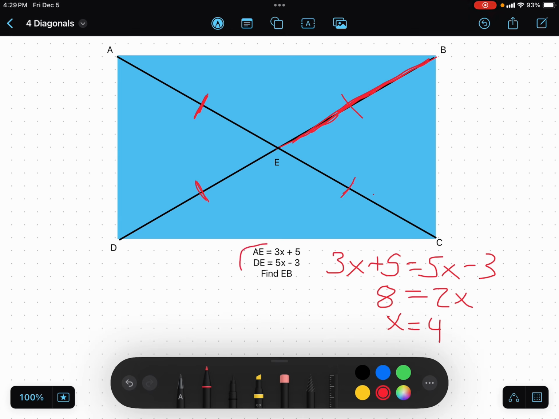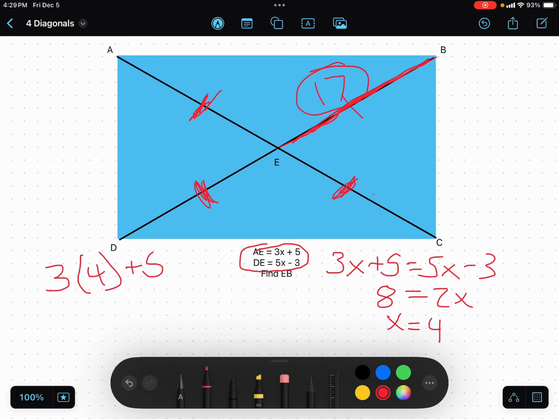So we can take this x value and plug it into either of those and get the value of EB, which will be shared by AE and DE and CE. I'm just going to choose kind of arbitrarily to plug it into the top one, 3 times x plus 5, and that's going to give us 17.